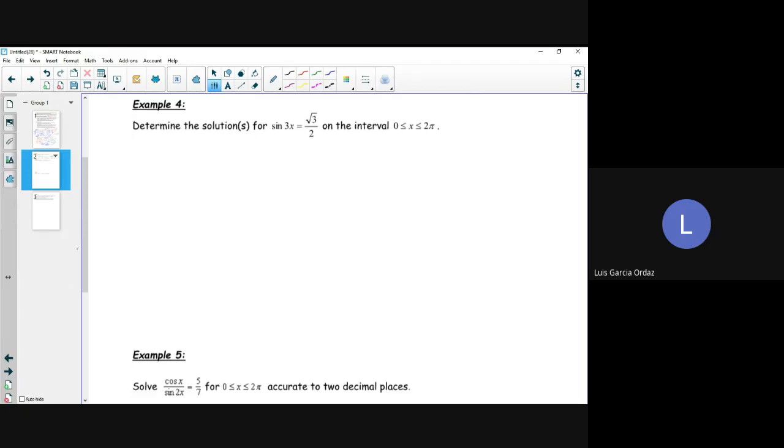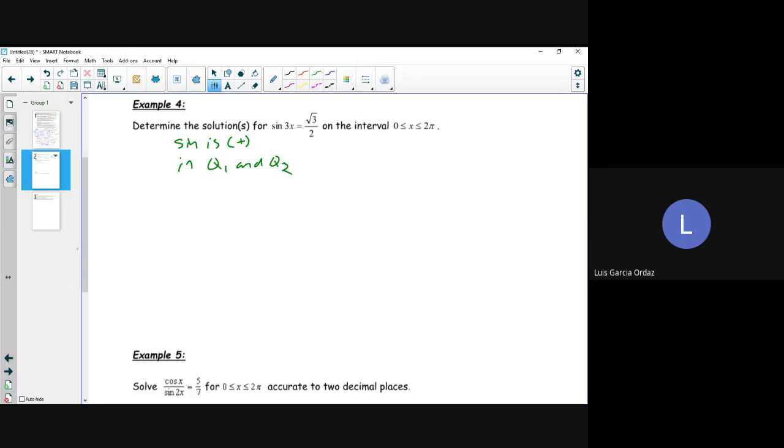So our next example, we want to determine the solutions for sine 3x is equal to √3/2. Because this ratio is positive, in what quadrants is sine positive? It's positive in quadrant 1 and quadrant 2.